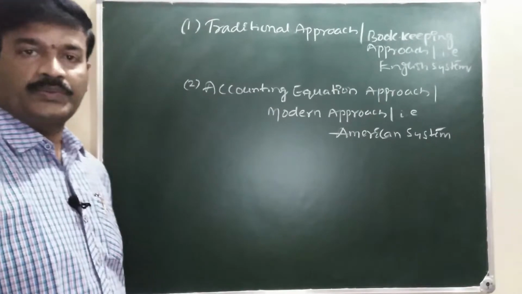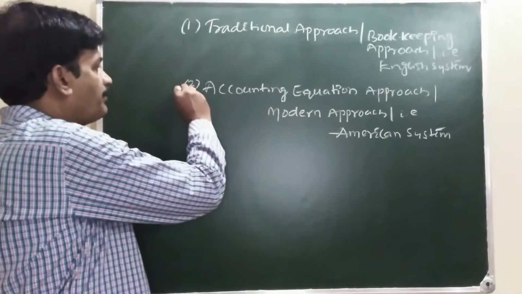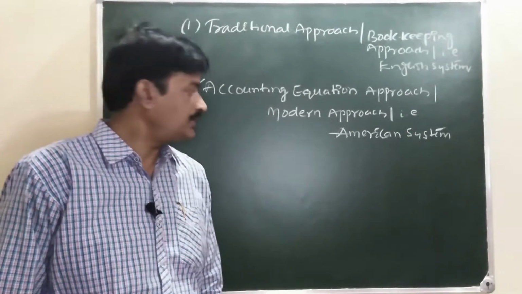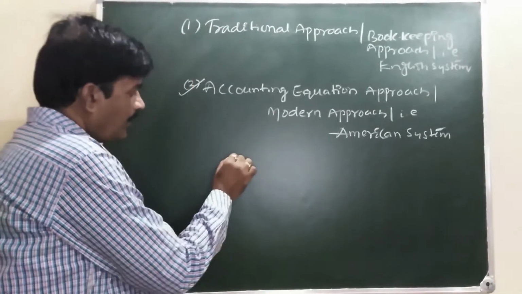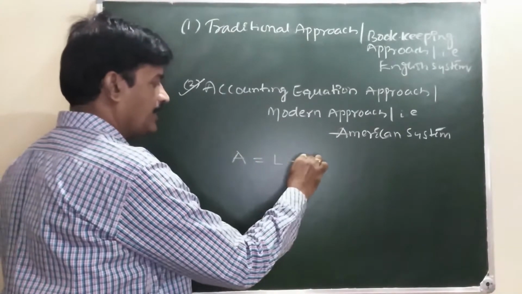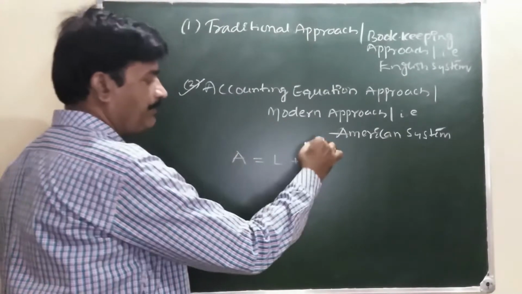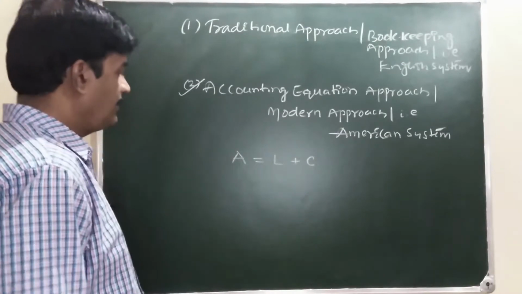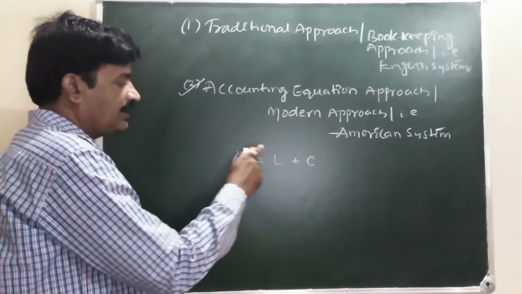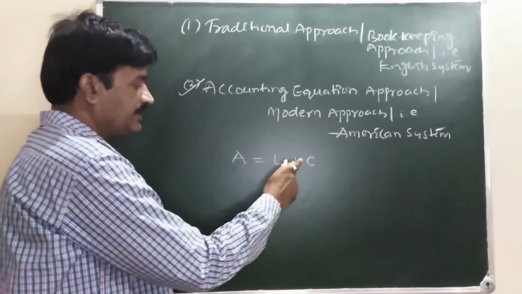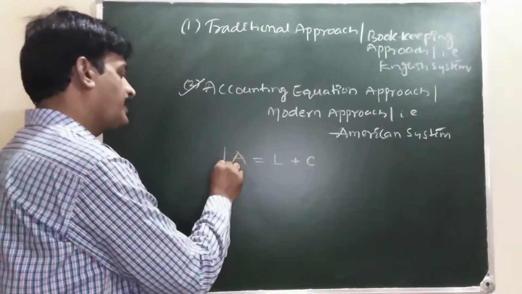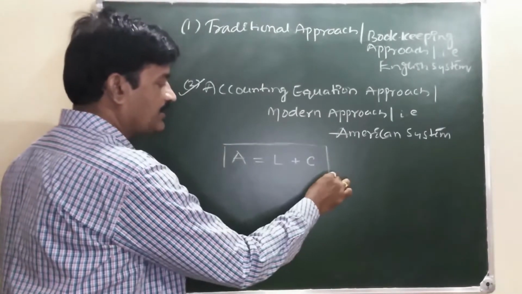In this video, I am going to explain the number two, that is accounting equation approach. Accounting equation is assets is equal to liabilities plus capital. The relationship of assets with that of liabilities and capital in equation form is known as accounting equation.